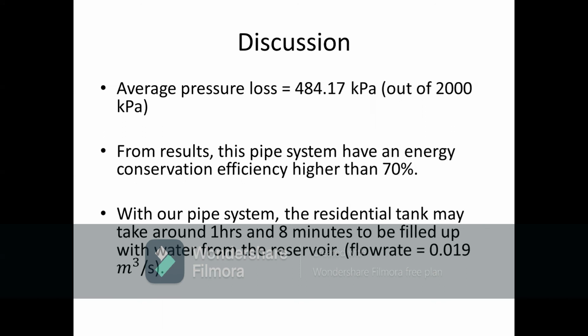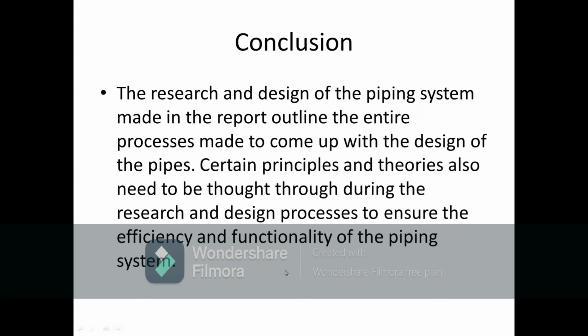With 0.019 volume per second, it takes at least 1 hour and 8 minutes to fill up a housing tank given in the assignment. So now I'll pass it to Megat to conclude our presentation.